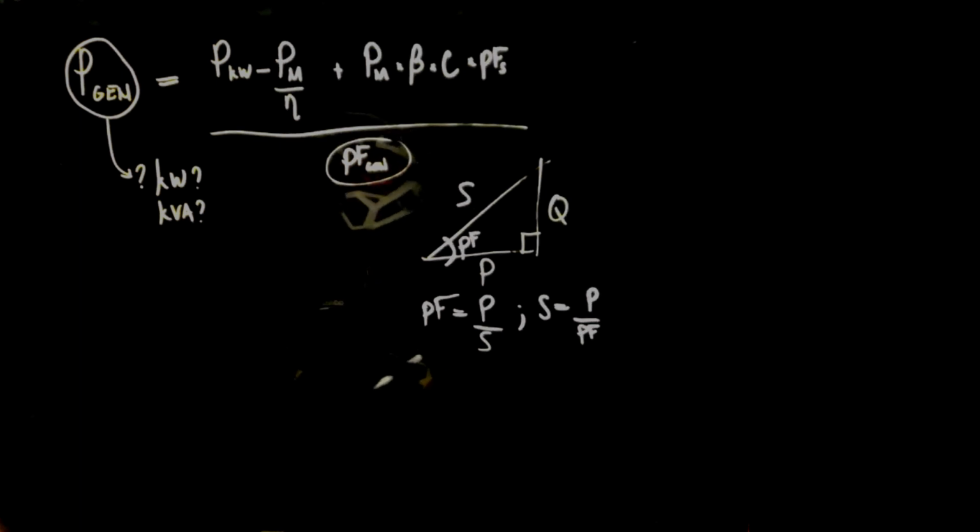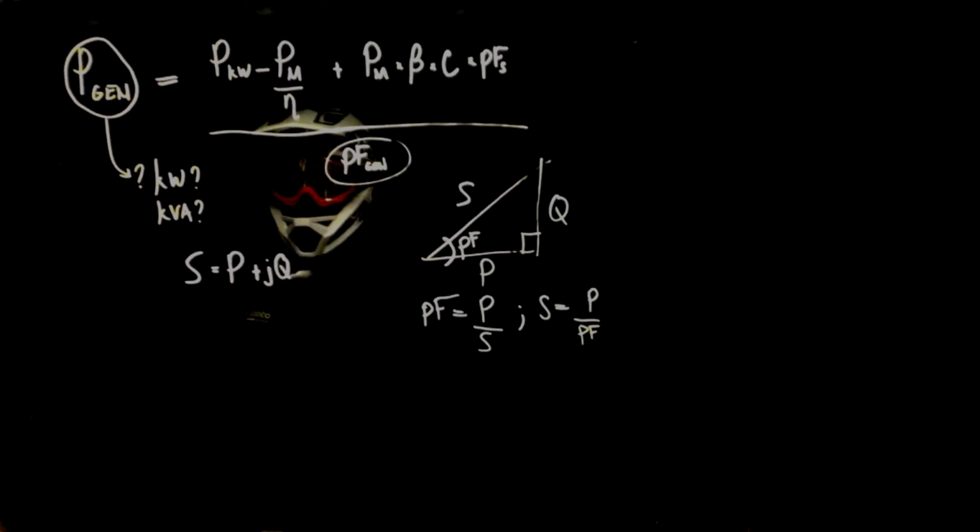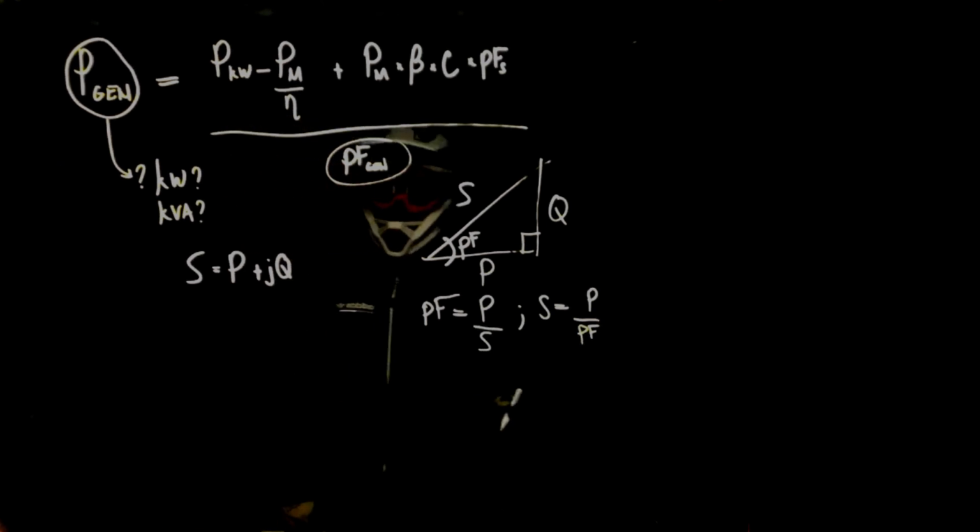Well, the source of my confusion is that my notation is like this. S, which is in kVA, would be equal to P in kilowatt plus jQ in kVAR.